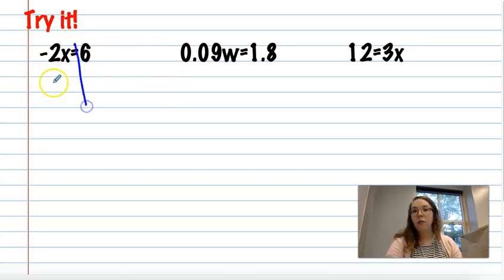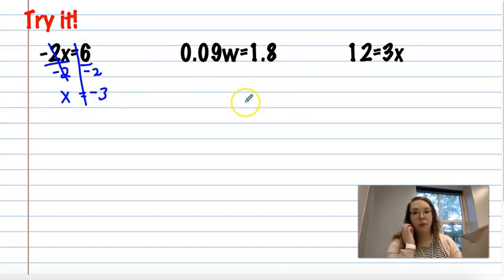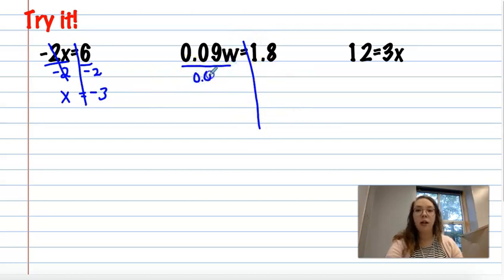So for this one, you would divide by -2 on both sides. You have one of each, so your final answer is negative. 6 divided by 2 is 3. Here you have a decimal, but that's no big deal. You treat it the same. We're dividing by those 900ths.